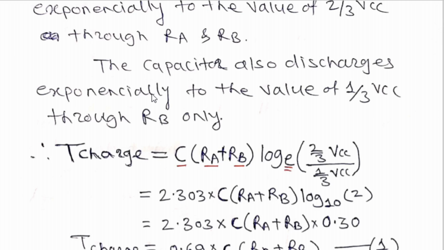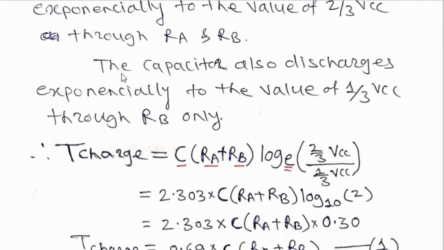That is the reason why it is exponentially charging. If the current source to charge the capacitor is a constant current source, in that case only the charging of the capacitor will be linear. So remember this, in future sometime we'll come across that topic.